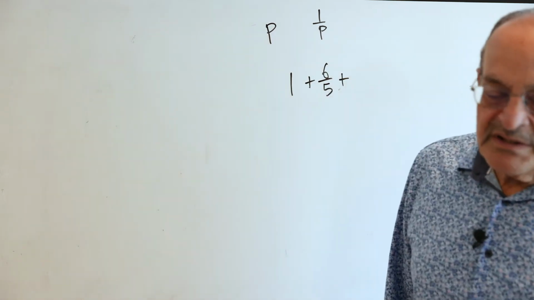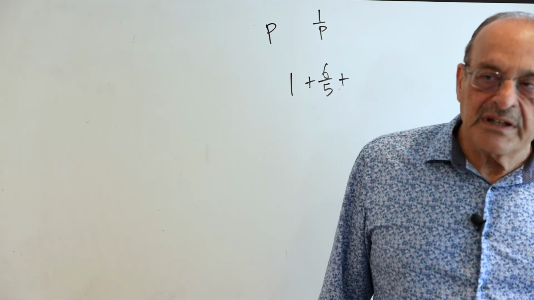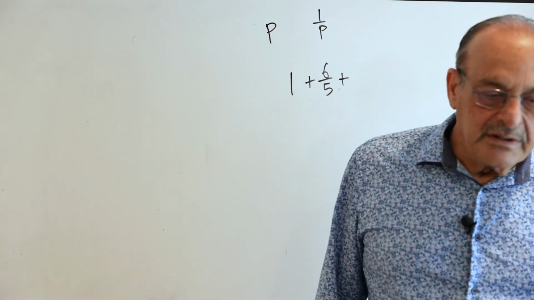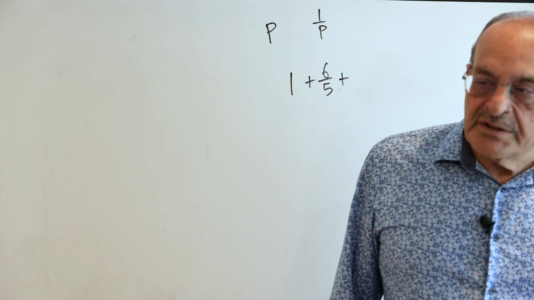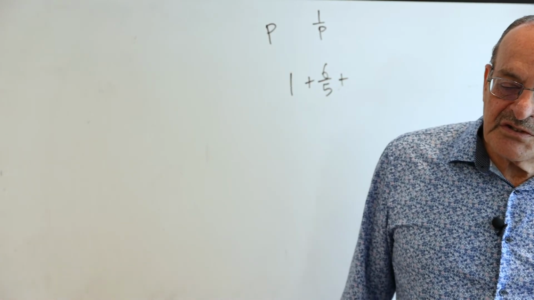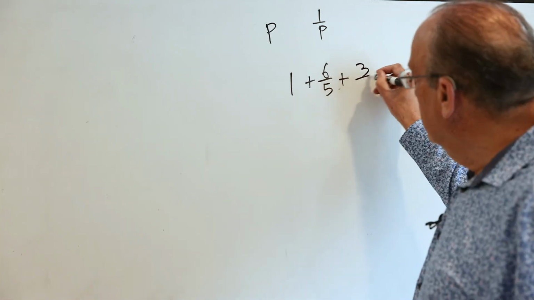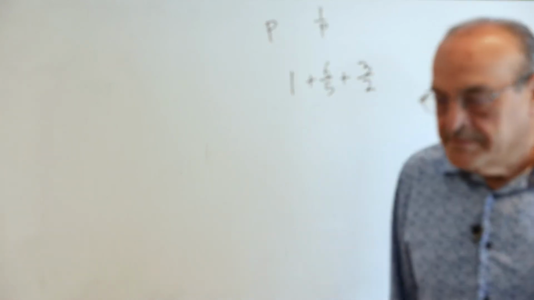Okay, so now you have 2 prizes. And starting anew, what's the expected value for getting a third prize? Well, there's 4 chances in 6 that you get a new prize, which reduces to 2/3. So expected value would be 3/2 that you get a third prize.